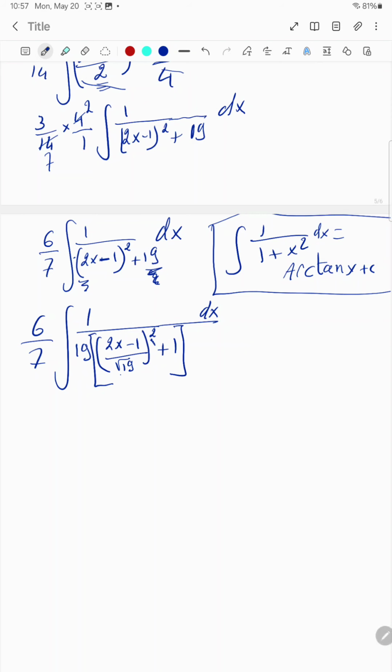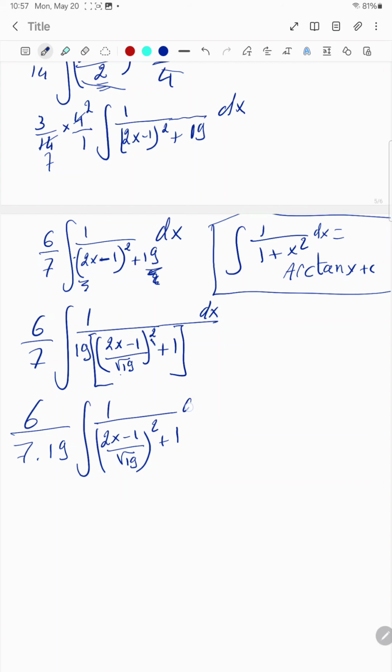So now the 19 would go out as 1 divided by 19. So I can take out the 19: 6 divided by 7 times 19 of 1 over ((2x minus 1) divided by square root of 19) squared plus 1 dx.